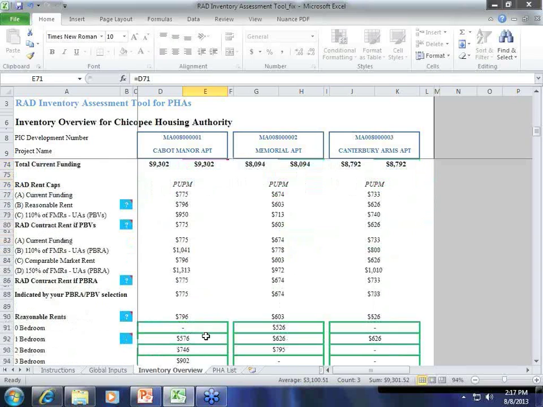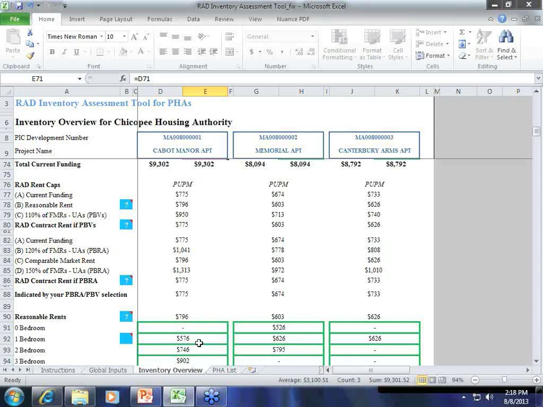We then take that current funding amount and test it against the applicable rent caps in project-based vouchers or project-based rental assistance. In here, we made some estimates. We do know the FMR is applicable to every project pretty well. What we don't know are reasonable rents. We put in an estimate here, but reasonable rents are what is similar to the comparable market rent.